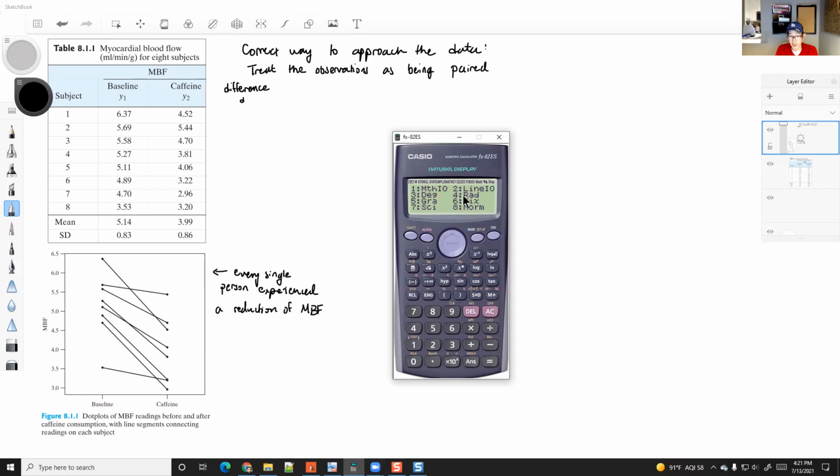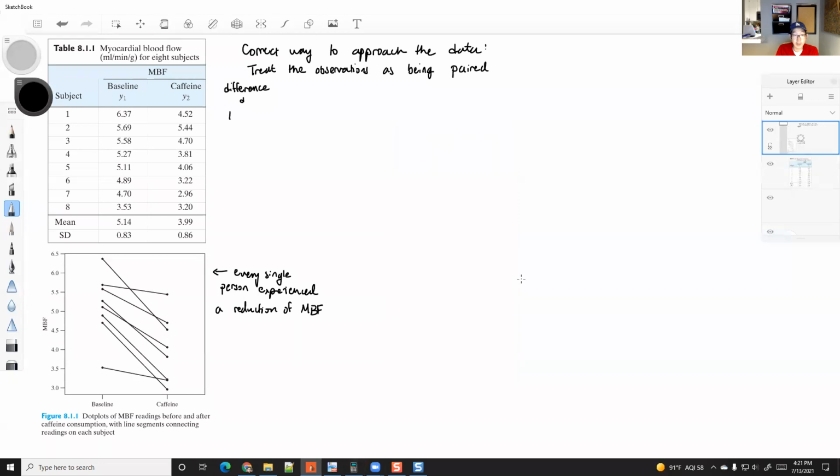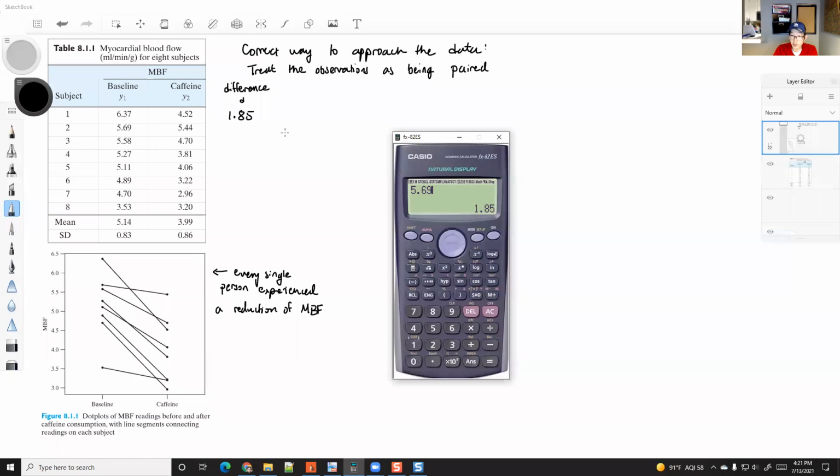Let me change my setup. And line output. All right, 1.85. I'm going to go through and calculate all these differences. 5.69 minus 5.44.